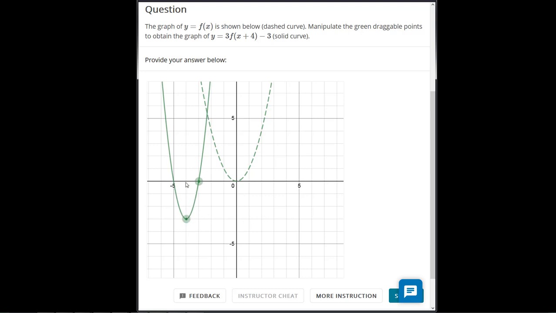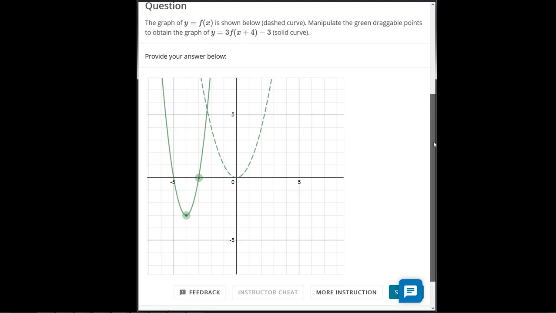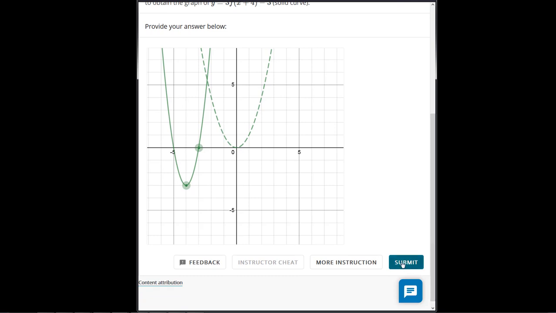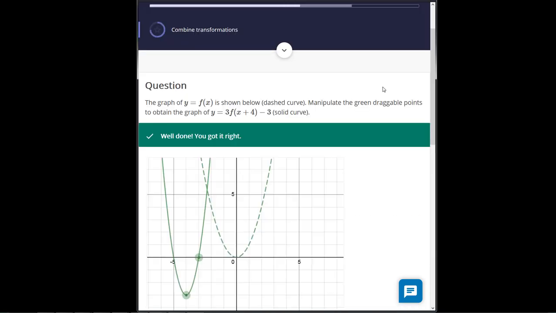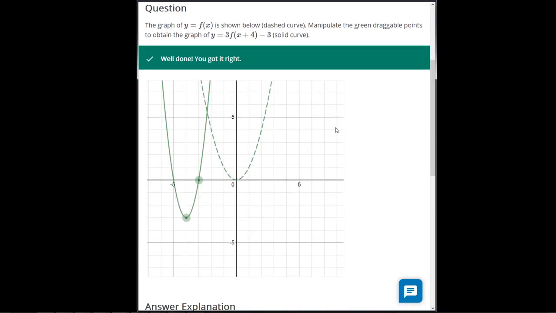I was at y coordinate 0, and I moved down to y coordinate negative 3, and this point that was at y coordinate 3 is now at y coordinate 0, so that seems to be doing what I want. I think we got all our transformations accounted for here. So I'm ready to press the submit button and check that worked. All right, and sure enough, that's how it goes.